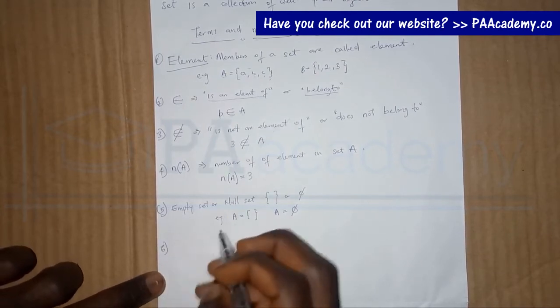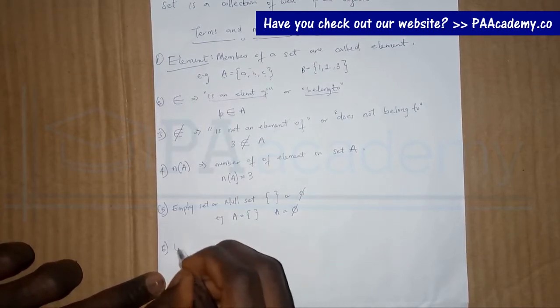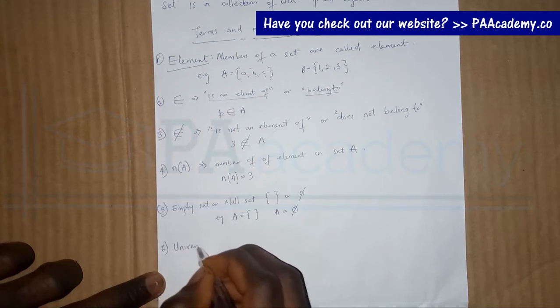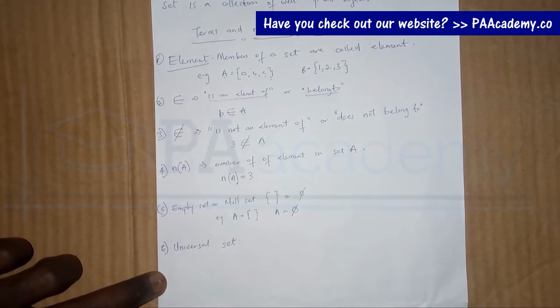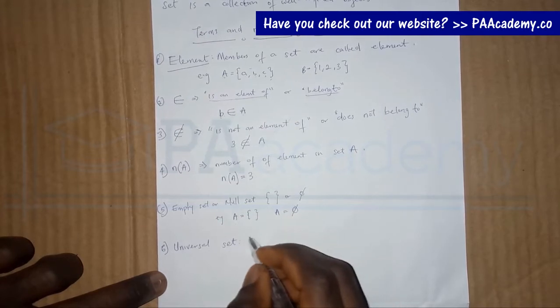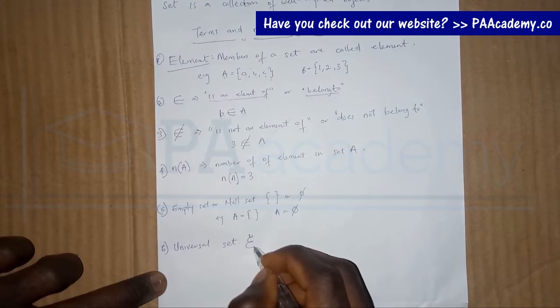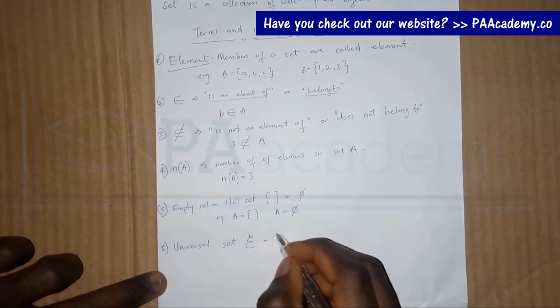So number 6, what I want to look at now is the universal set. So what do we call a universal set? First of all, let's look at the symbol. It's always like this, or you can look at something like this.